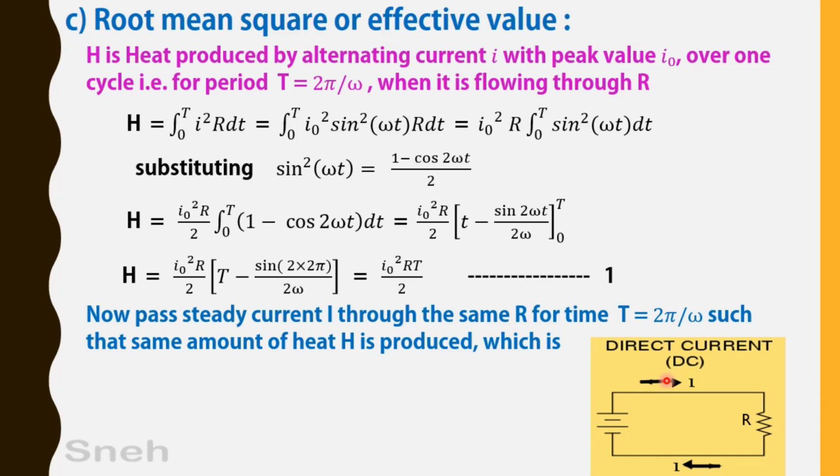If I am passing a certain current I through this resistor such that it is passed for the time T equal to 2 pi by omega, which I have taken as the time period earlier, then the same amount of heat H is produced, and that heat is given by a certain equation.